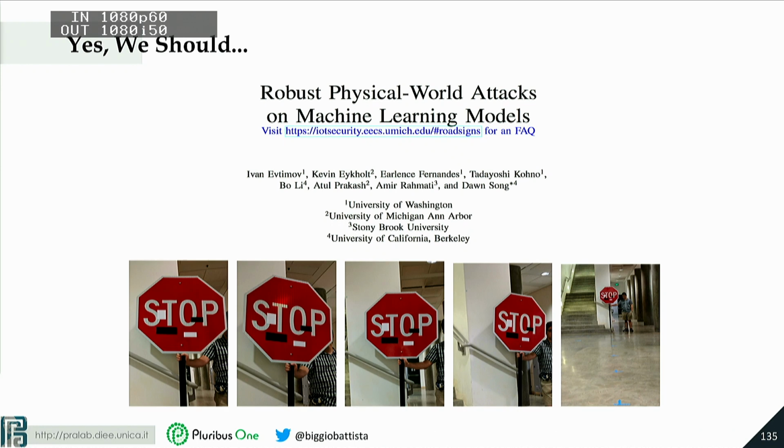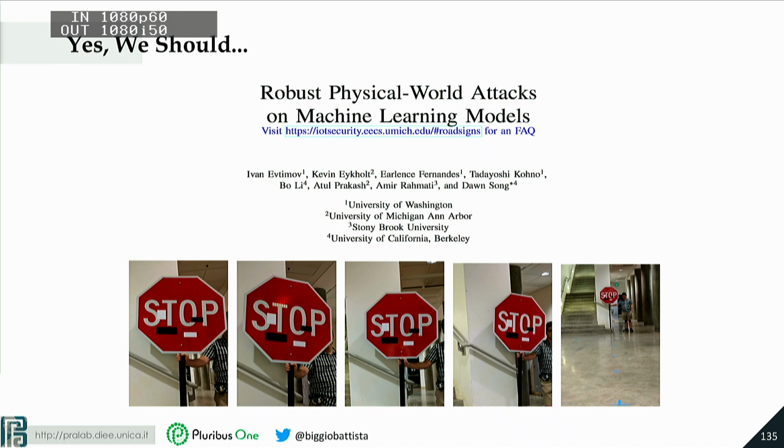And so this is again a way to see that in the real world we can have problems with this. And again, this is the case of the stop sign. In this case, they crafted this specific kind of noise, inspired by the fact that this is a paper from Berkeley. So in Berkeley, they noticed that you have a lot of traffic signs with stickers on top of them.